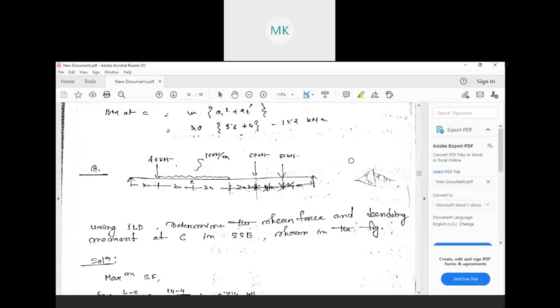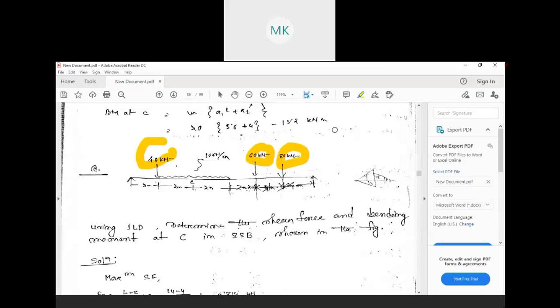Whatever we already did, we discussed the numerical types in which only point loads are there, like here, point loads 40, 60, 80.